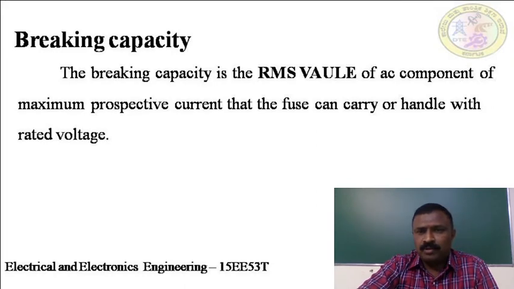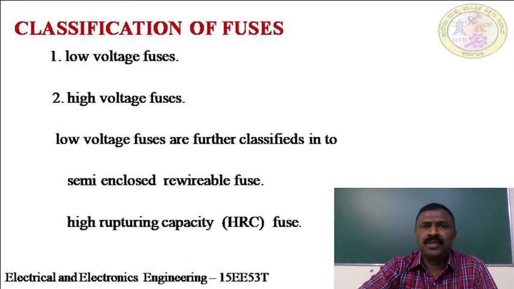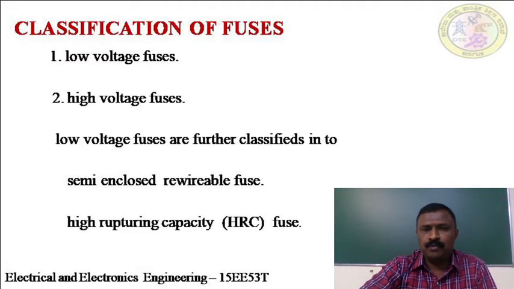The RMS value of the AC component of maximum prospective current that can be handled by the fuse element at the rated voltage, whatever the product of those two, that can be referred to as the breaking capacity for the fuse or the fuse element.